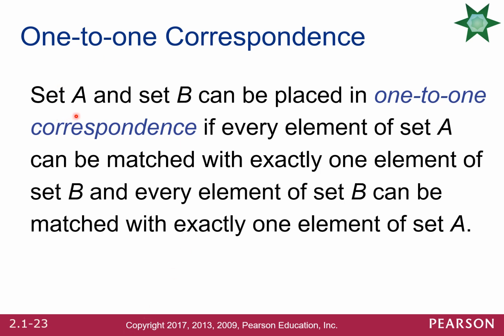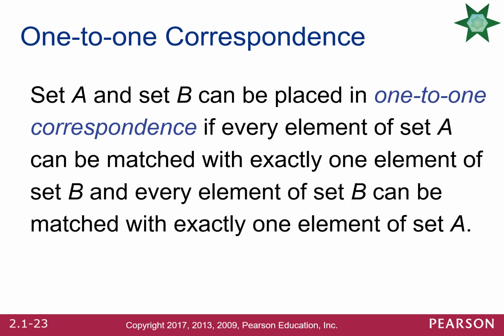So here it says set A and set B can be placed in one-to-one correspondence if every element of set A can be matched with exactly one element of set B, and every element of set B can be matched with exactly one element of set A. All right.